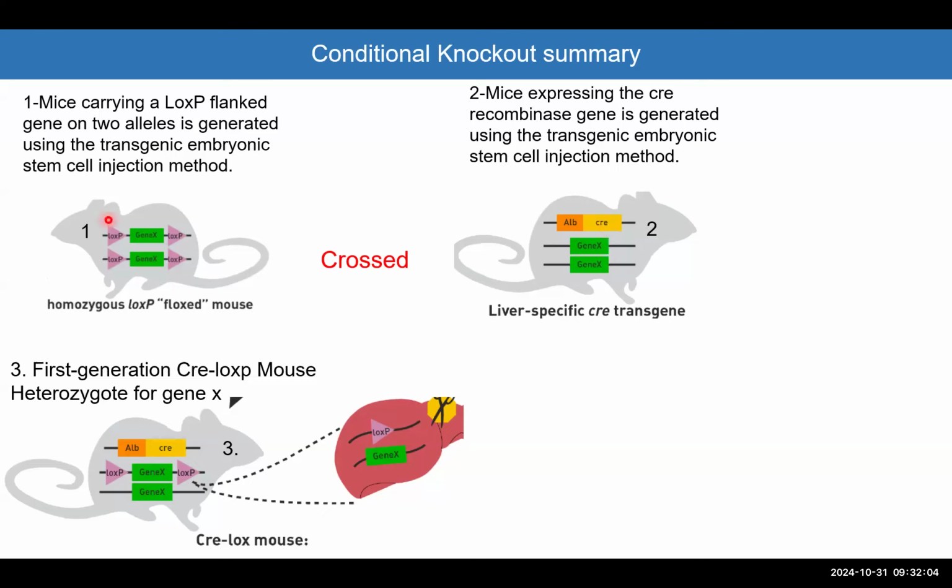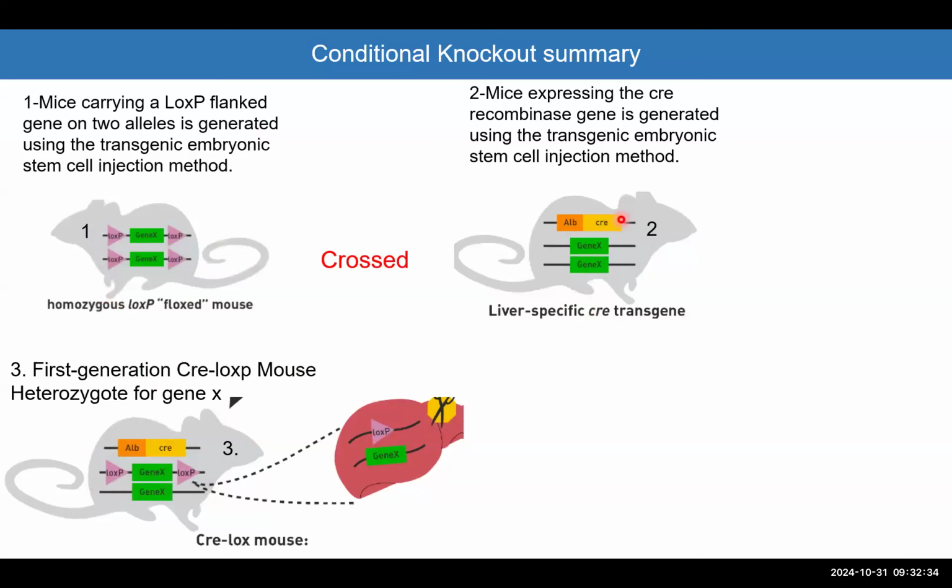You take mouse number 1 and mouse number 2. In the first generation, you might have 50% of the animals having albumin CRE. And since you have 100% wild type here and 100% floxed here, you will have one copy from here and one copy from there.